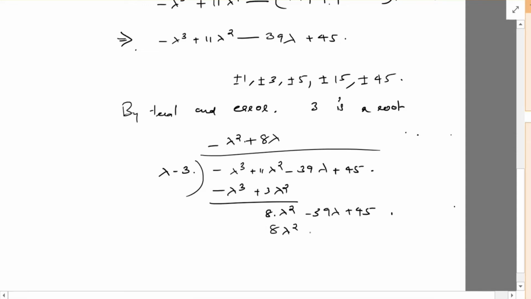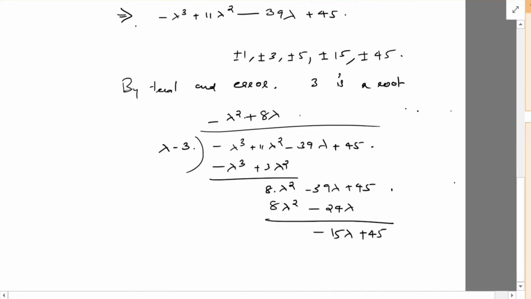So it is 8 lambda square minus 24 lambda. By subtracting we will get minus 15 lambda plus 45. So again the quotient term will be minus 15. So it is minus 15 lambda plus 45. So the remainder is 0.